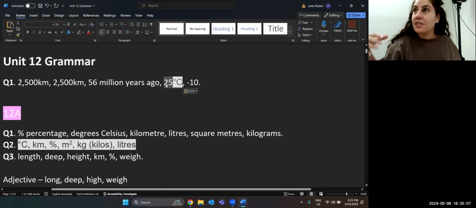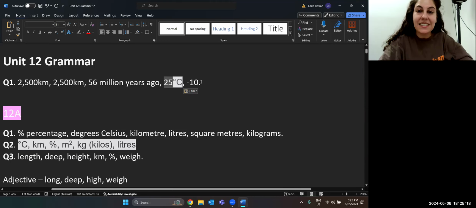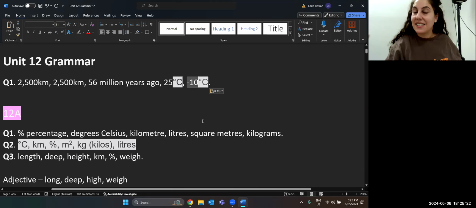We say the number first, 25, and then we say degrees, and then the symbol, Celsius. Nowadays, the average temperature in the Arctic is -10 degrees Celsius. Okay, so it was very, very warm before, and now it's -10 degrees, extremely cold, snow, ice.